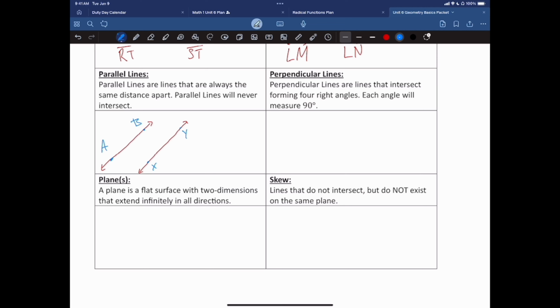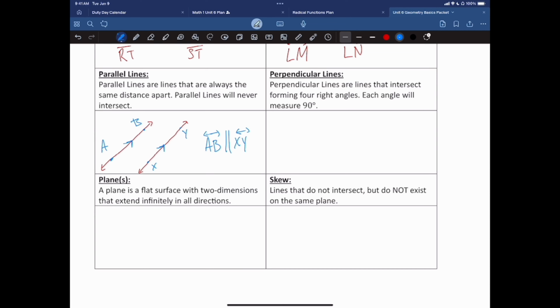And say I wanted to say that these are parallel. We could use arrows to denote that, right? I can say, hey, I'm forcing these 2 lines to be parallel. And you would write, my line AB is parallel to XY. And that's how you'd write that down as a statement, okay?